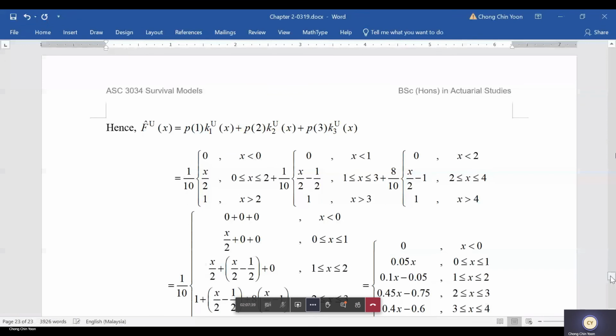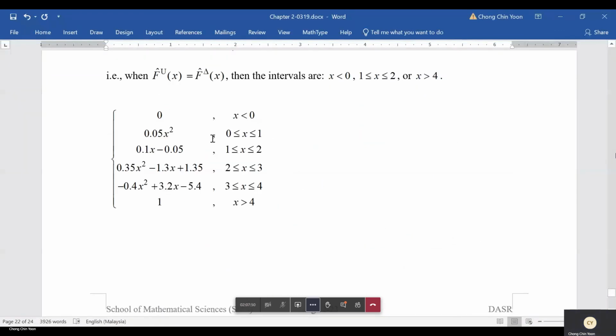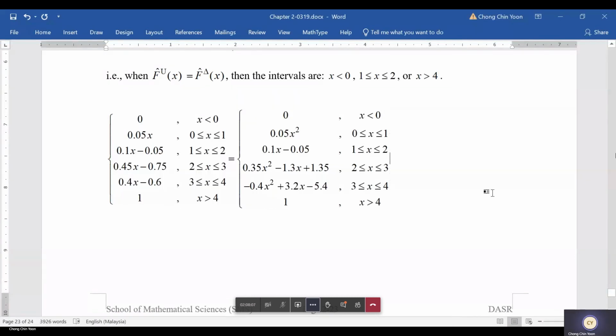Just now we found this, the uniform. So this is from the uniform and this is from the triangular.